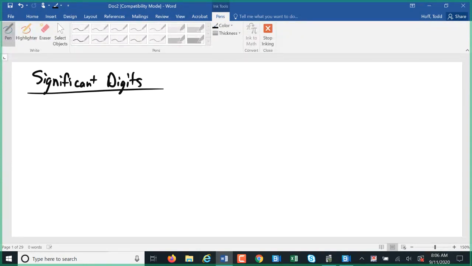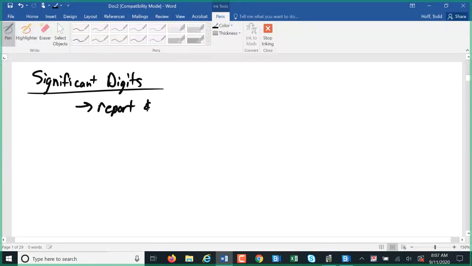Significant digits kind of include what we've just been talking about, but take it a little bit of a step further. And significant digits are just a way of making sure that when we're doing measurements, we report measurements and understand those measurements accurately, correctly.